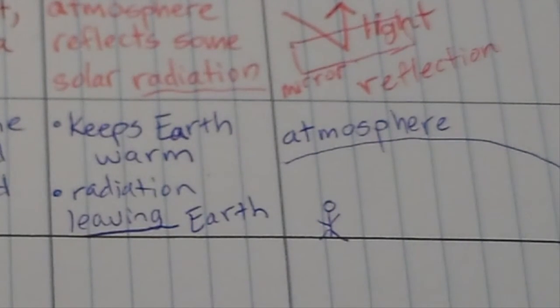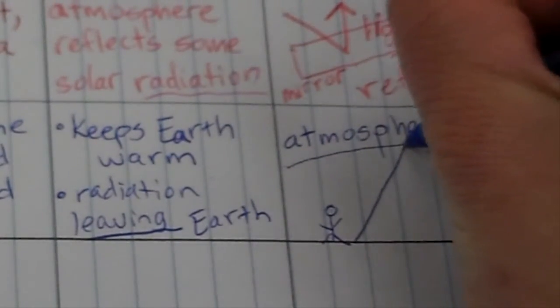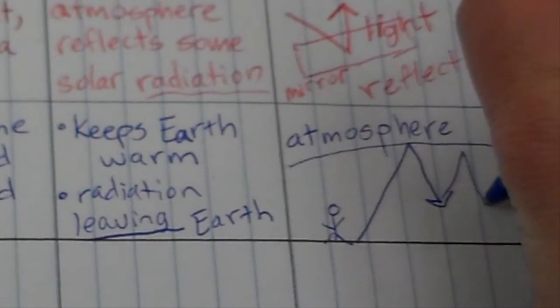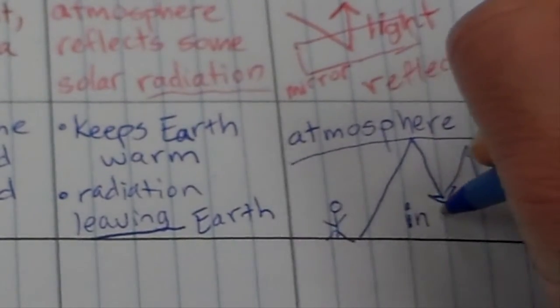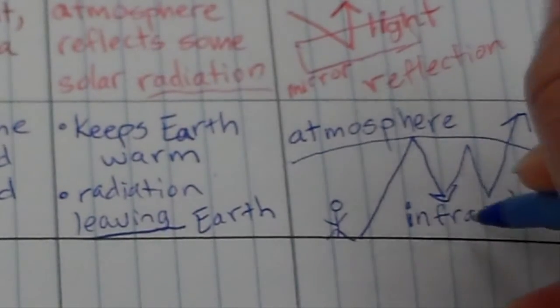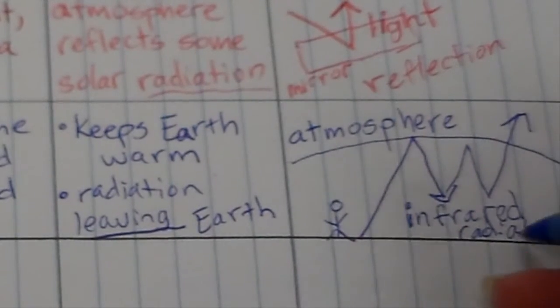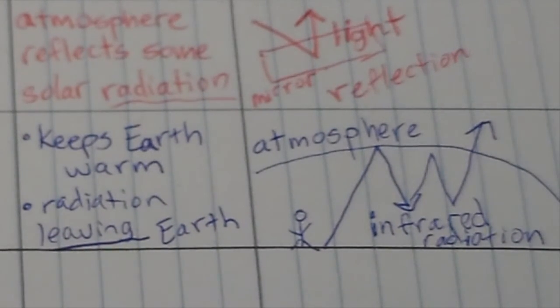What happens with this greenhouse effect is we have this infrared radiation that tries to leave, but then it gets reflected and bounced around in our atmosphere. So I'm going to label that infrared radiation. Infrared radiation that tries to leave our planet is going to get absorbed and reflected.